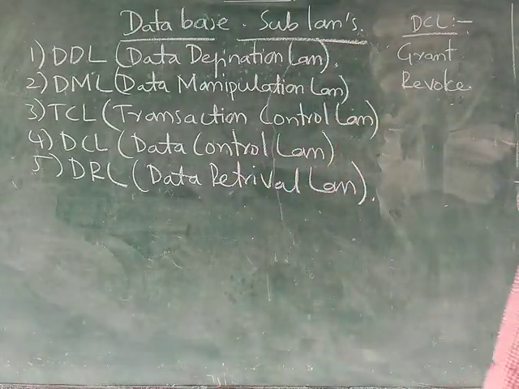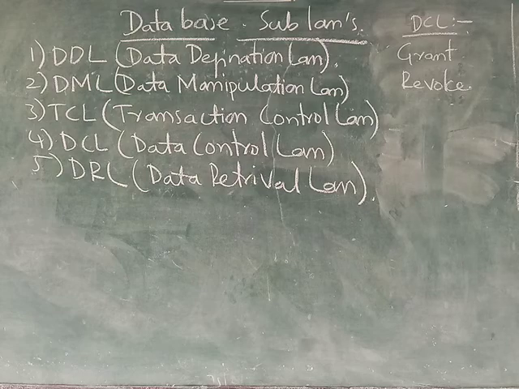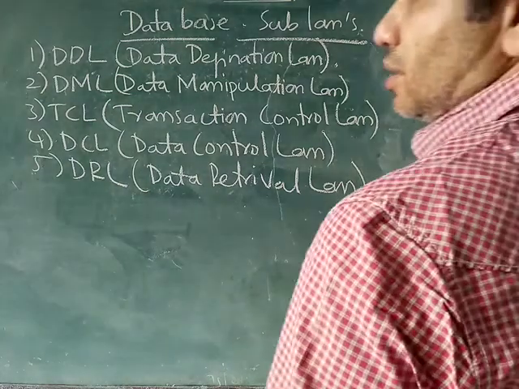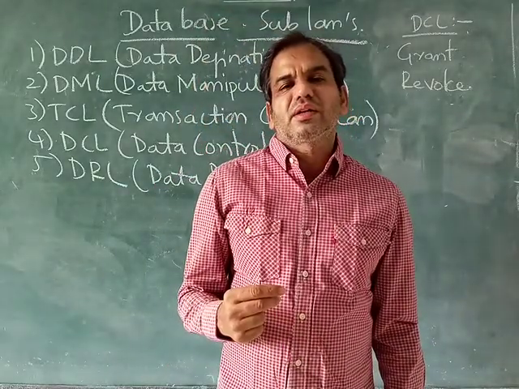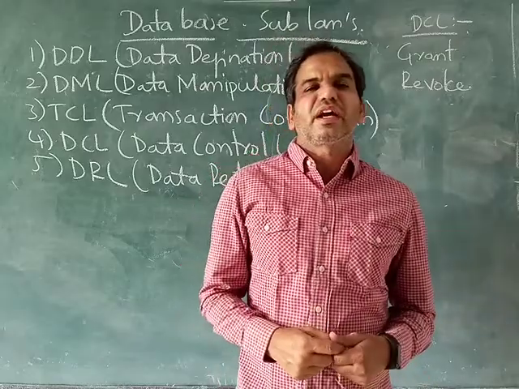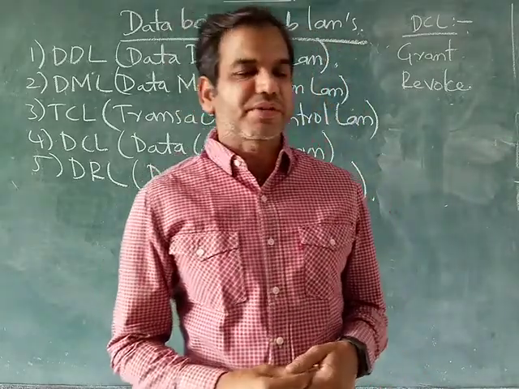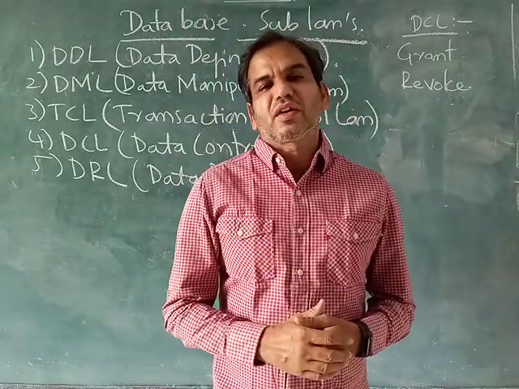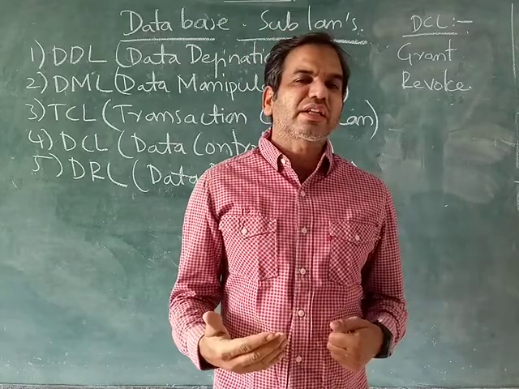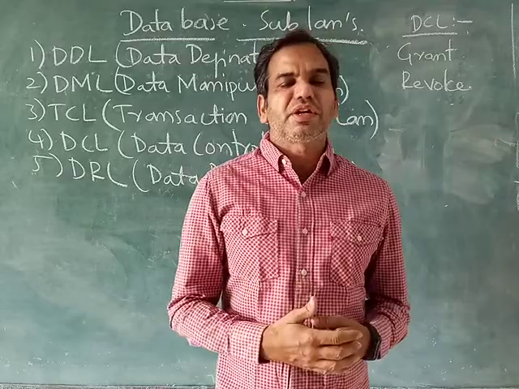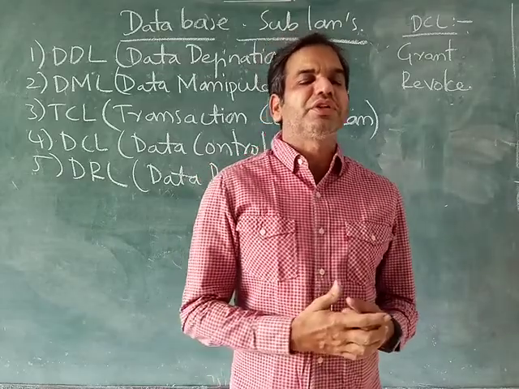See, grant and revoke are the DBA commands, database administration commands. Using grant, we can specify the privileges. Privileges are nothing but a connect privilege, insert, update, delete privilege.